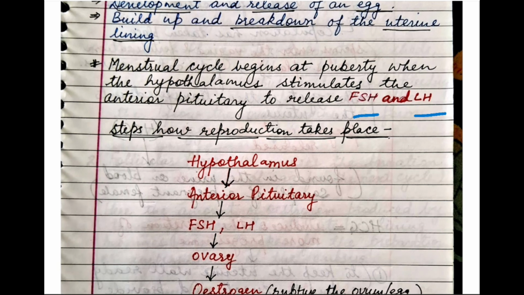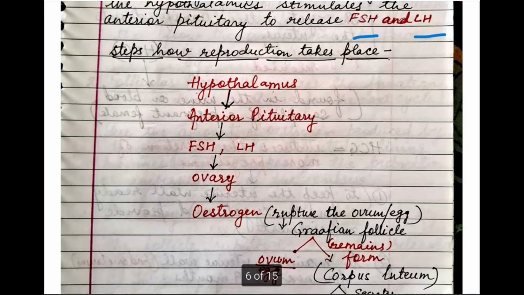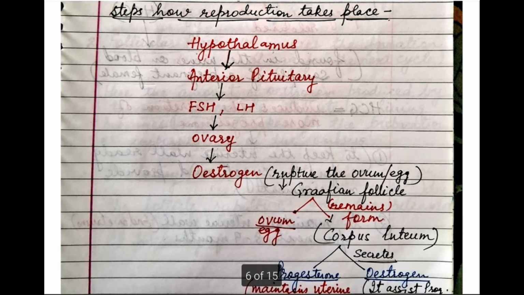These are the important hormones released by the pituitary at the time of reproduction. Here you can see the steps of how reproduction takes place, made so that at a glance you can understand.